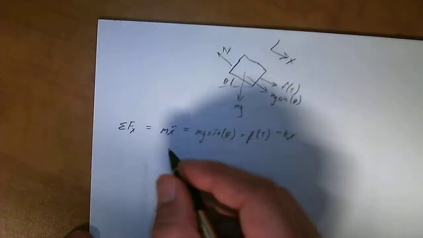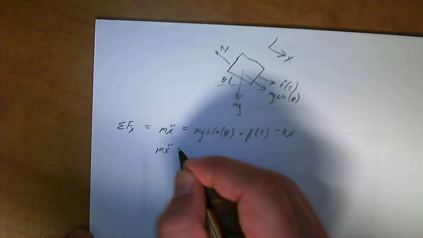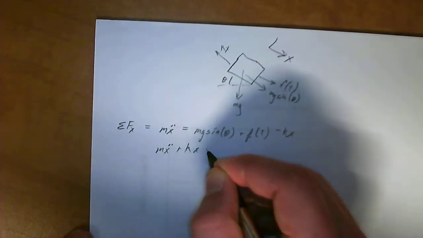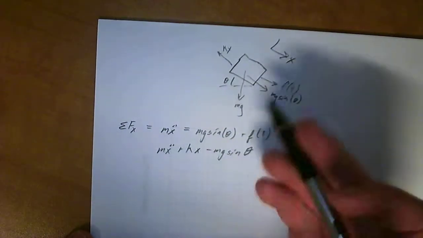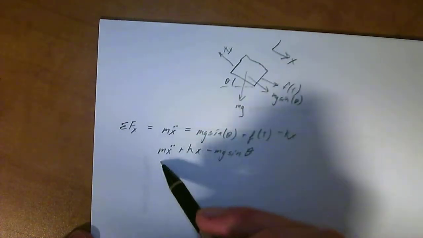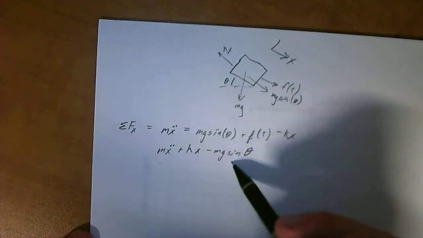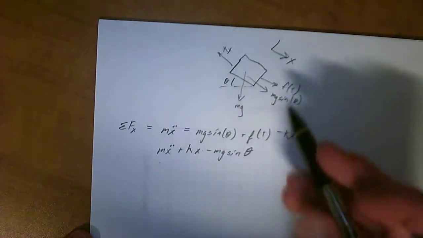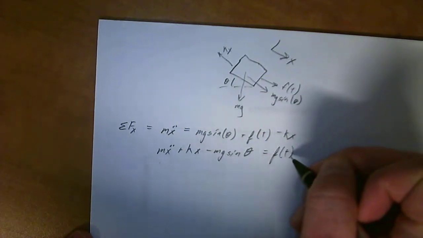Now in order to get the equation of motion from that, all you have to do is go m x double dot plus kx minus mg sine of theta. So now you have your mass and your spring constant, and if for some reason we had a damper in here, that would also come into this equation. And then you have the initial starting location, which is equal to f of t, the forcing function.